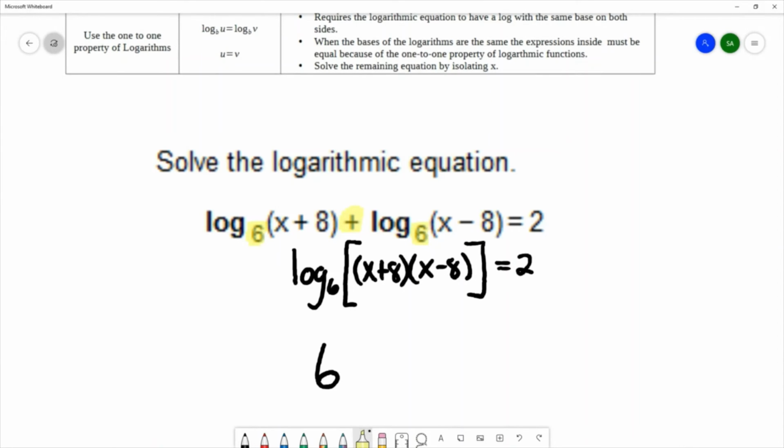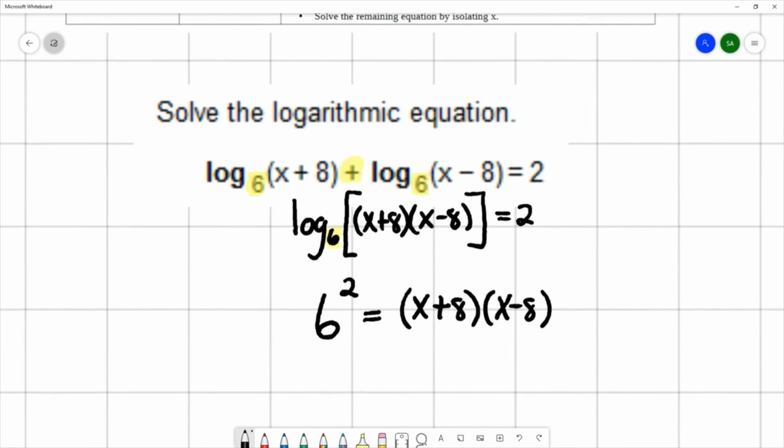We're using the base of our logarithm as the base of our exponent. The log always equals the exponent. So this log equals 2, so we'll have 2 as our exponent, and then the expression that we have inside the log is what our exponential expression equals, x plus 8 times x minus 8.